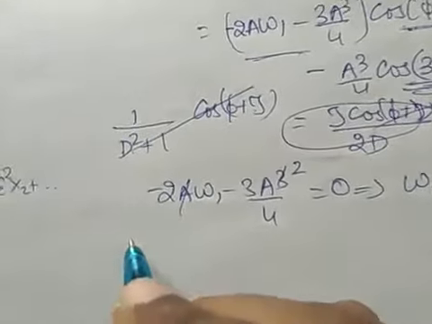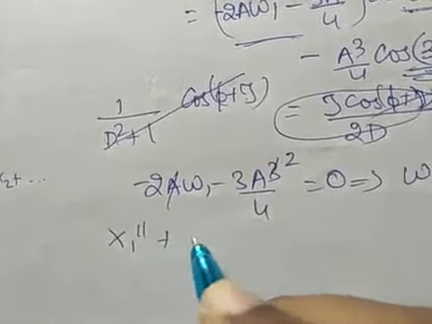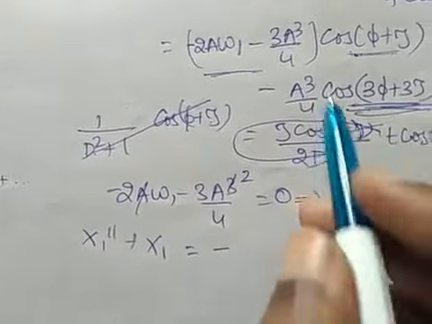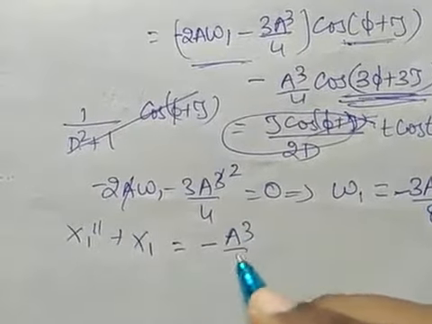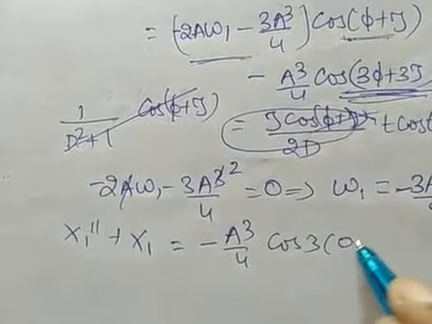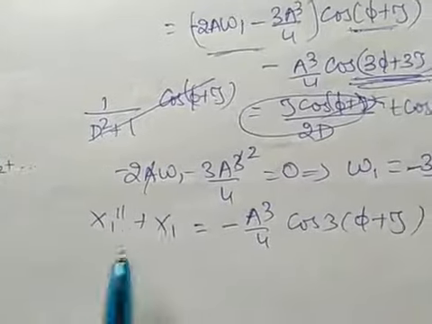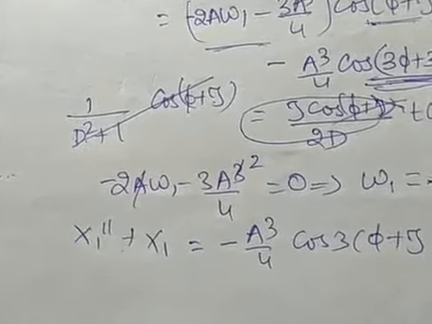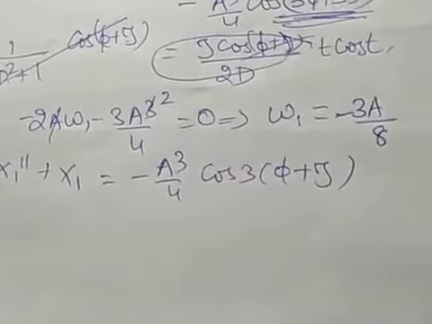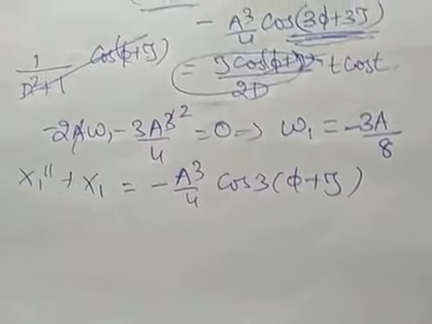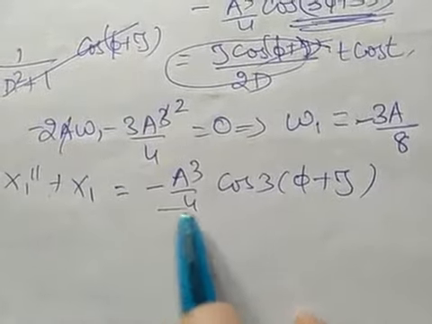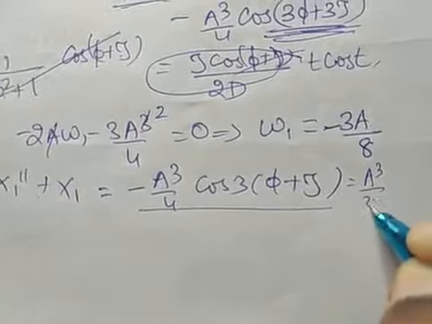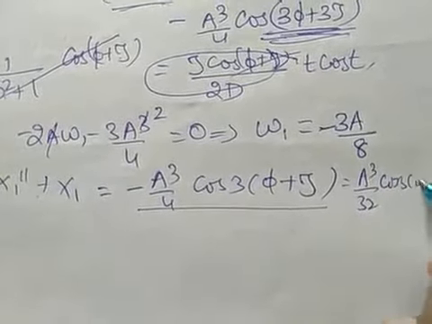So our equation is x1 double dash plus x1 equal to minus a cube by 4 cos(3 phi plus 3 tau). Now we have to find the complementary function and particular integral. When we find the particular integral for this, we will get a cube by 32 cos(3 phi plus 3 tau).